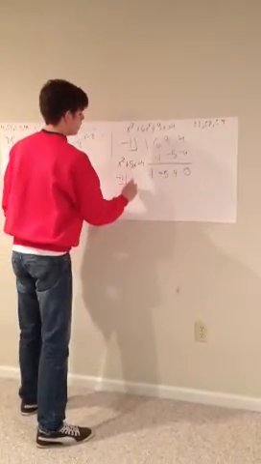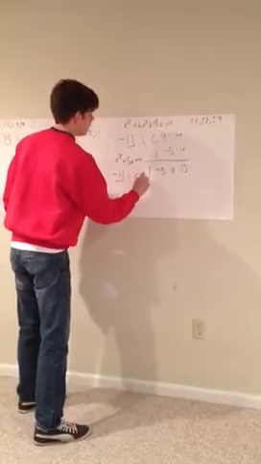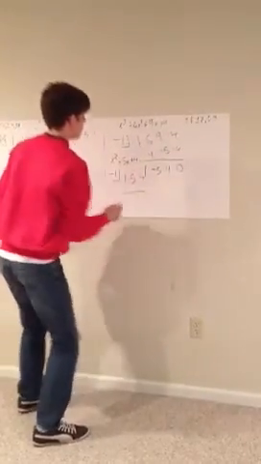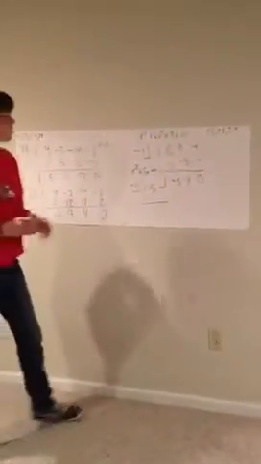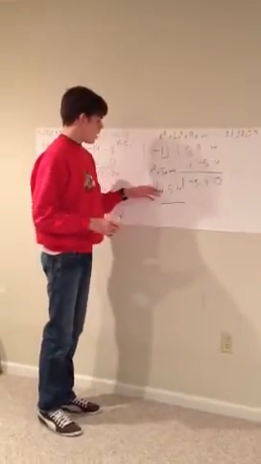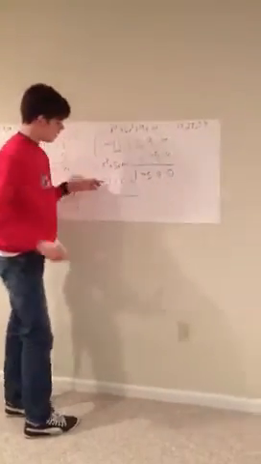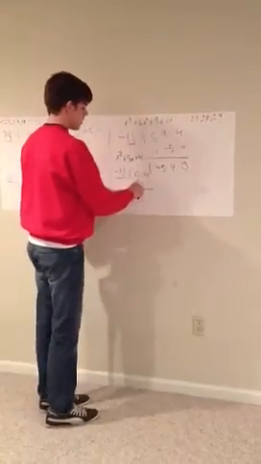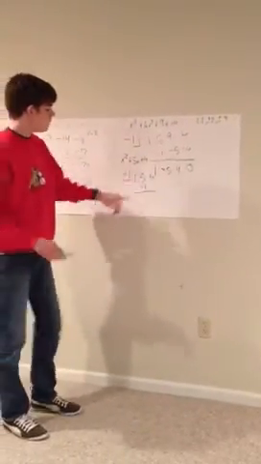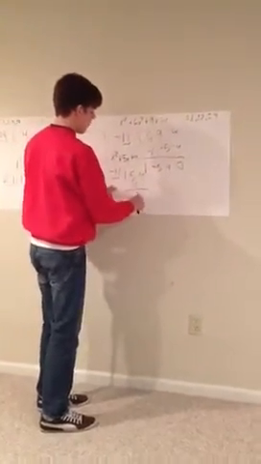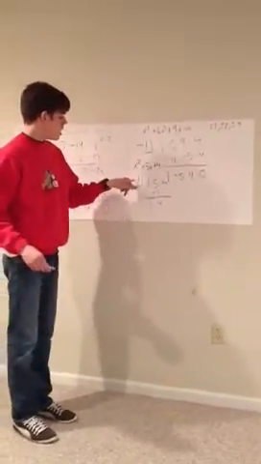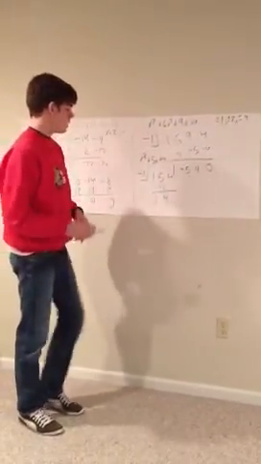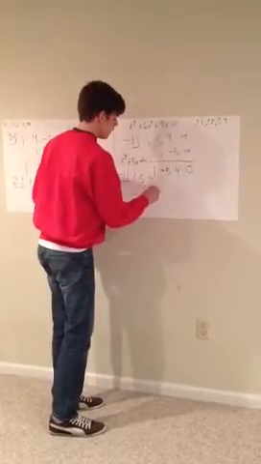You bring down your 1, you got your 5, you got your 4. Now again, you're going to multiply these out. So you always bring down your 1. So -1 times 1 is -1. 5 plus -1 is 4. And -1 times 4 is -4.